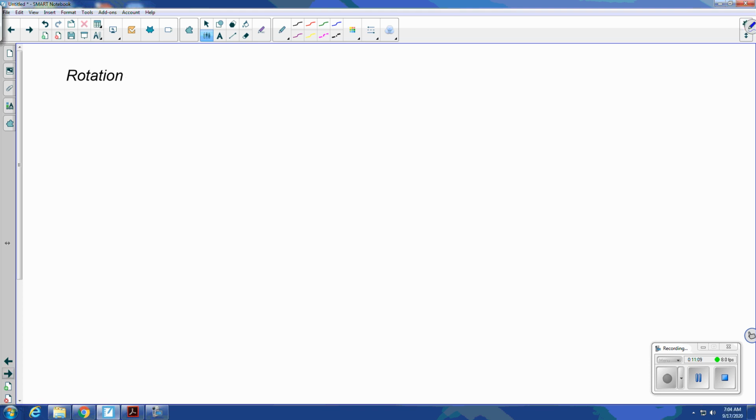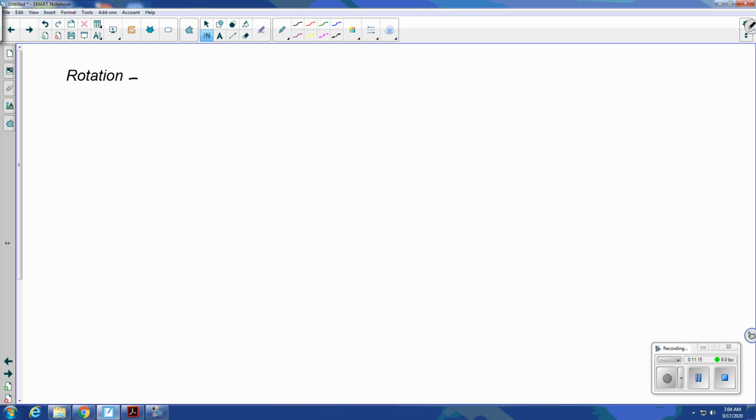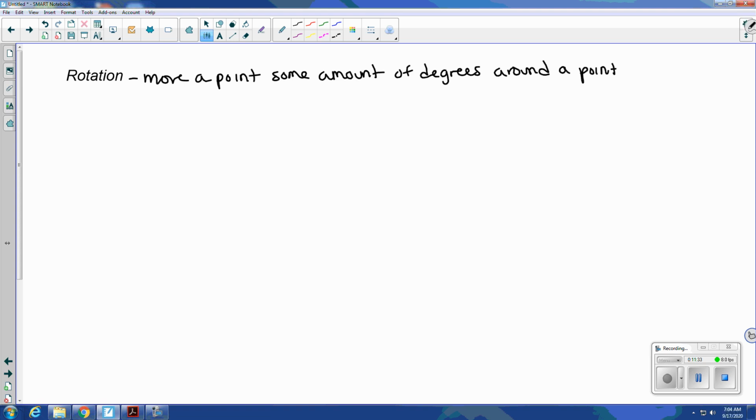Now, onto a rotation. So for a rotation, we're going to move a point some amount of degrees around a point, or around a designated point.